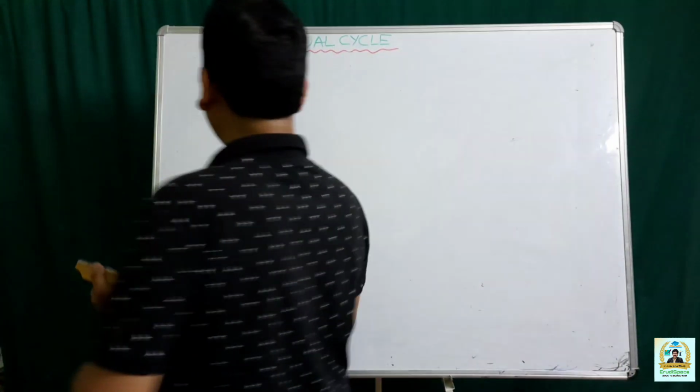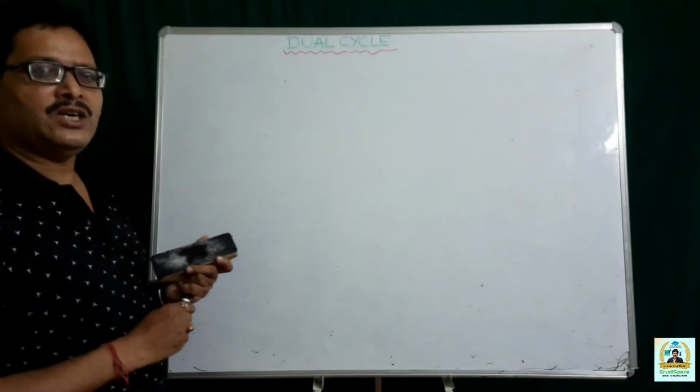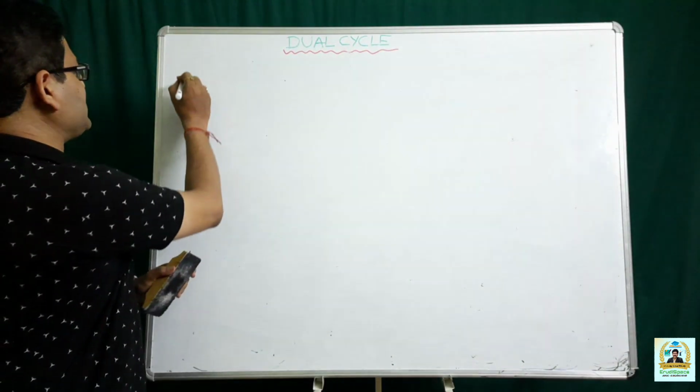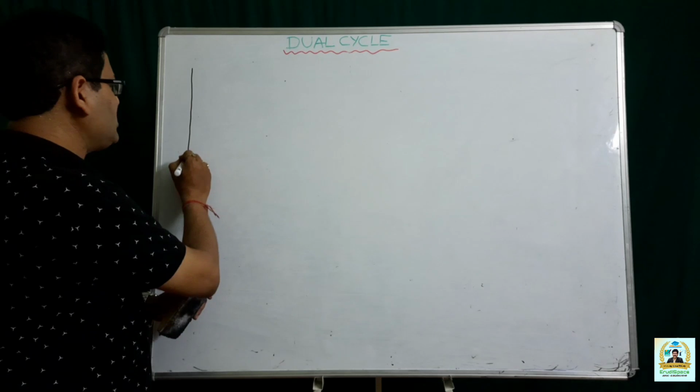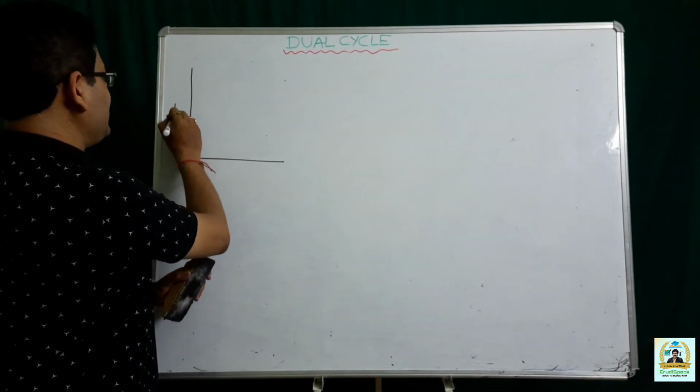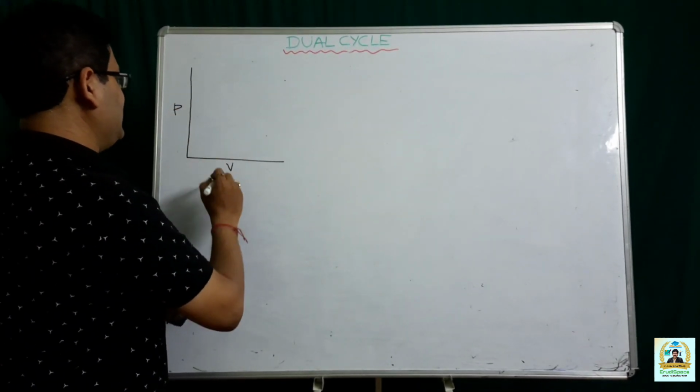So first, what is a dual cycle and what are the processes? Let me draw the dual cycle in PV and TS diagram.